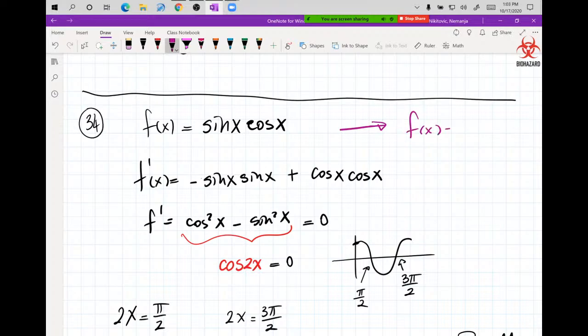Use the identity to write this as 1/2 sine 2x, because sine 2x is 2 times sine times cosine. So in that case, 1/2 sine 2x, that half is needed, right?